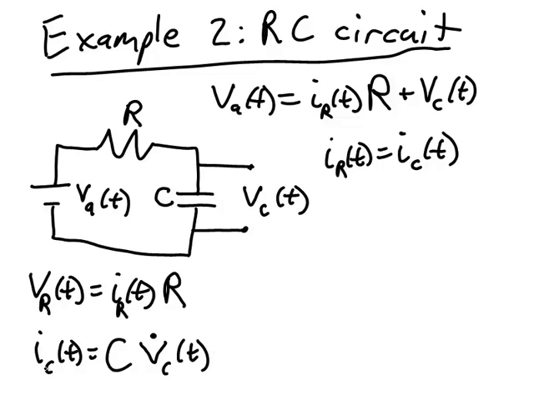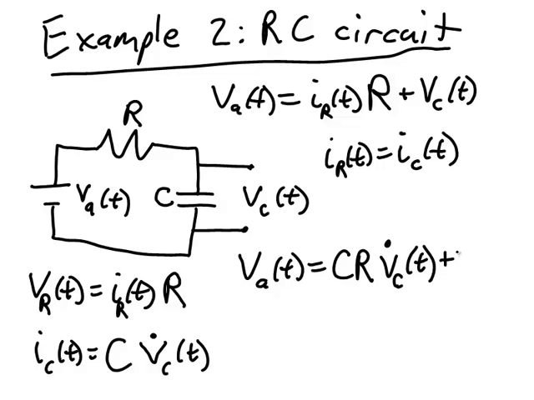So I'm going to plug this equation into this one, and I get that VA of t is equal to C times R times the derivative of the voltage across the capacitor, and that's my final equation.